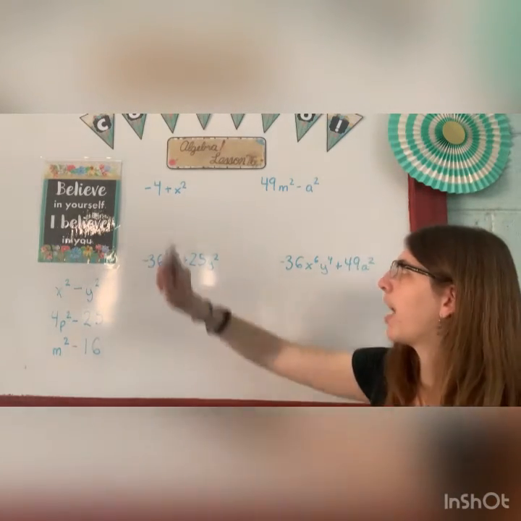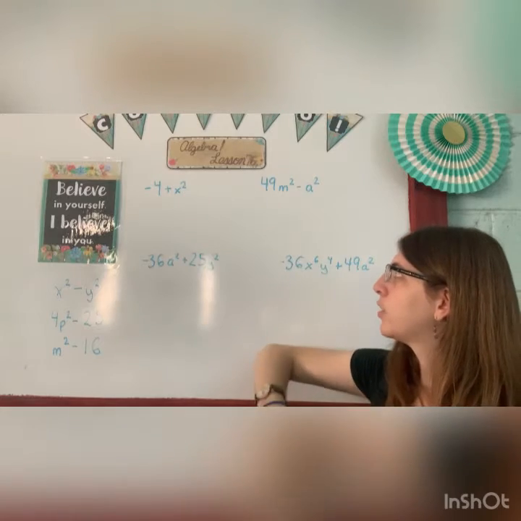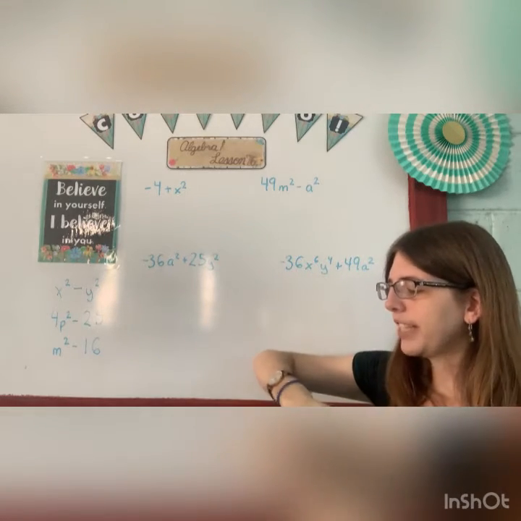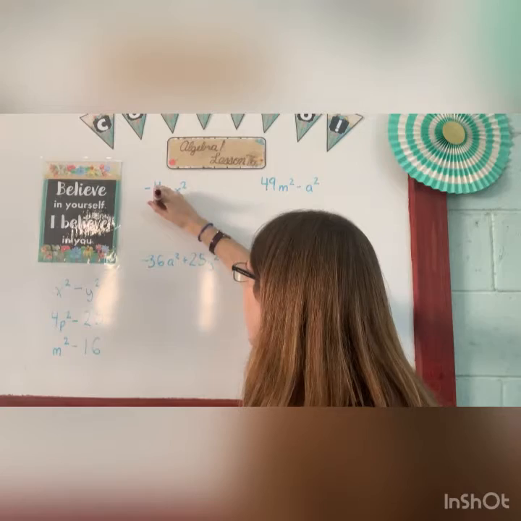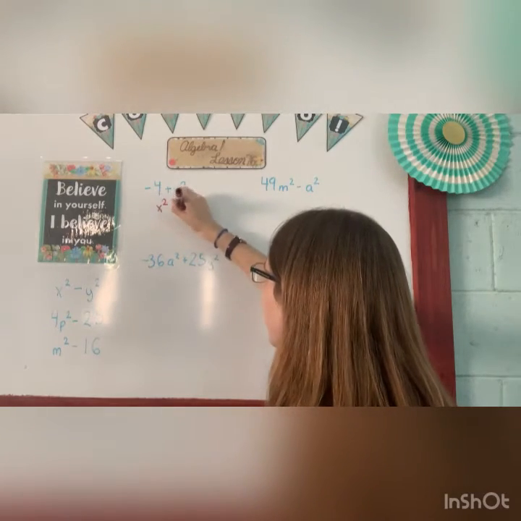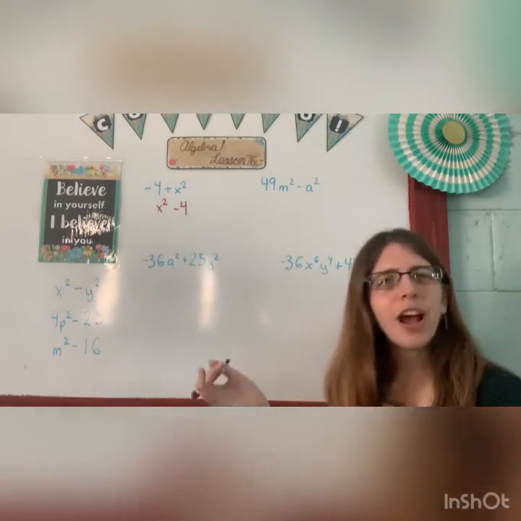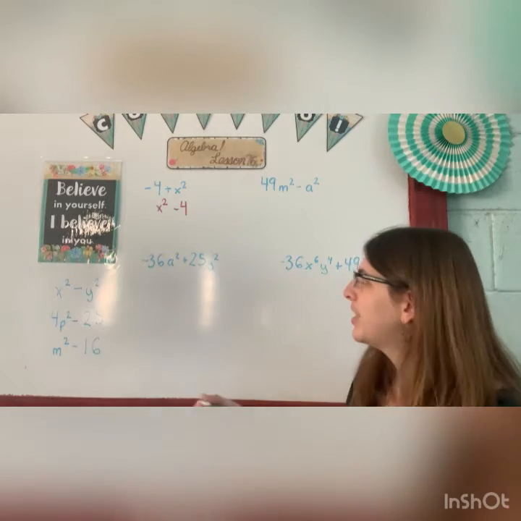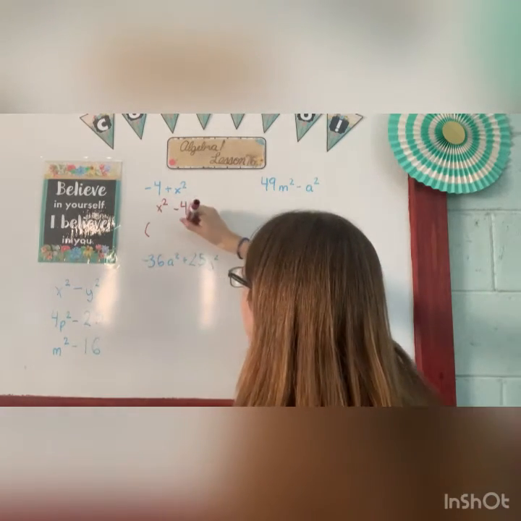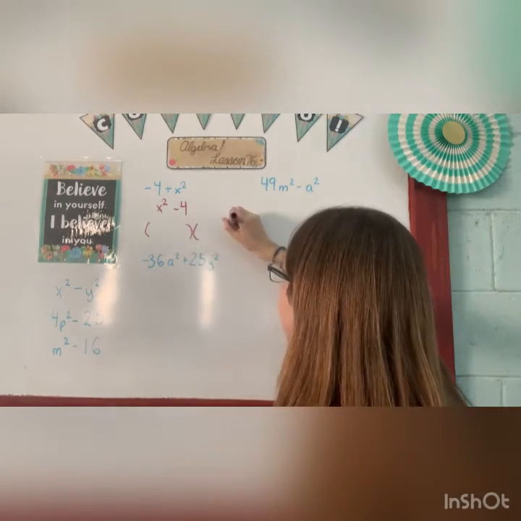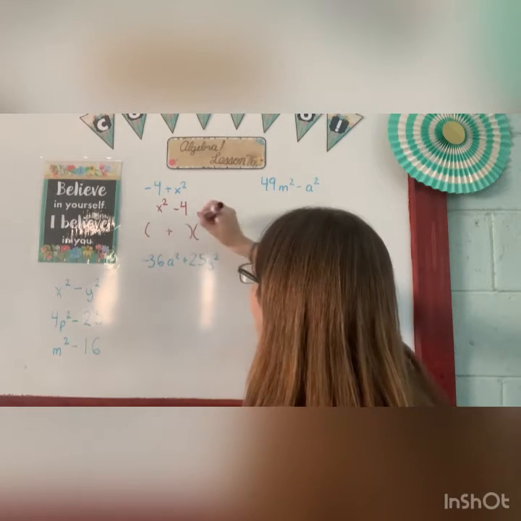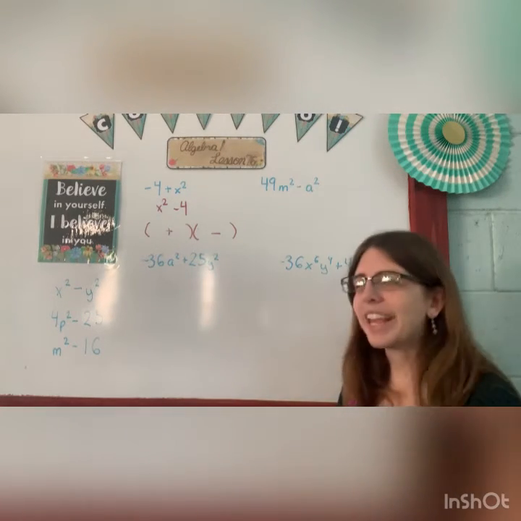Let's look at this first one: negative 4 plus x squared. Now, your book teaches you to go ahead and reorder it, putting the x squared in front. So we're going to do that, but you actually don't really have to. You set up your problem with your two parentheses. Because it's a difference of squares, you know that one is positive and one is negative.